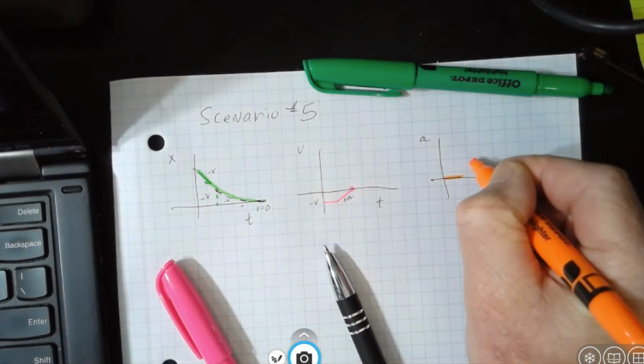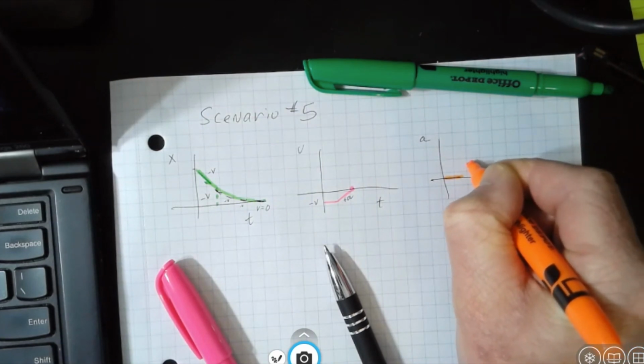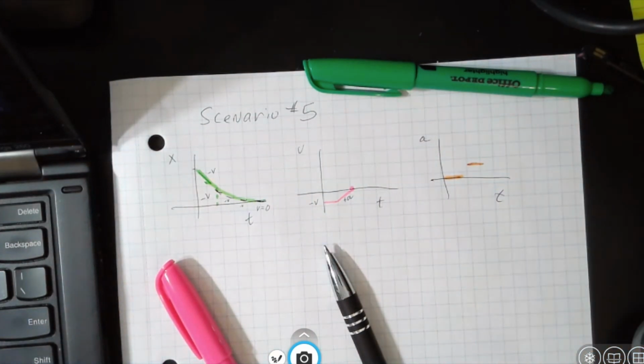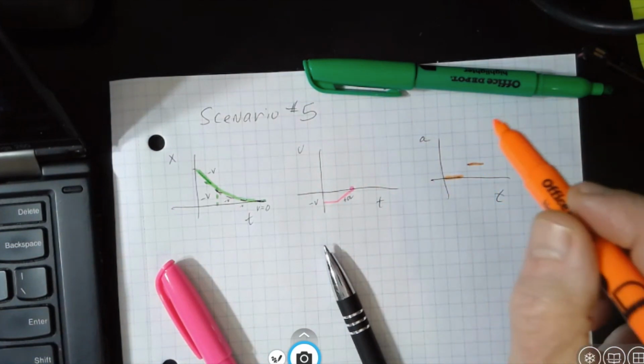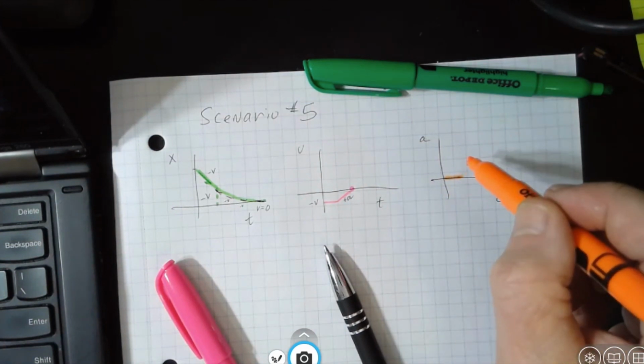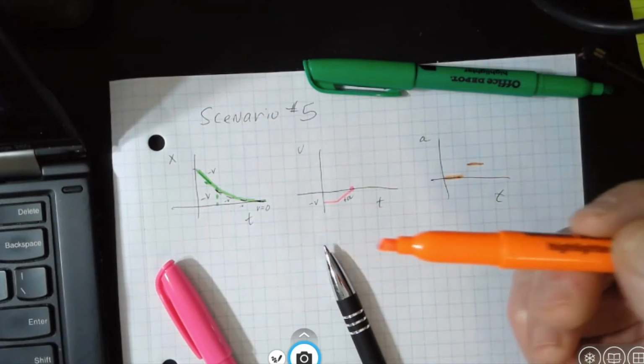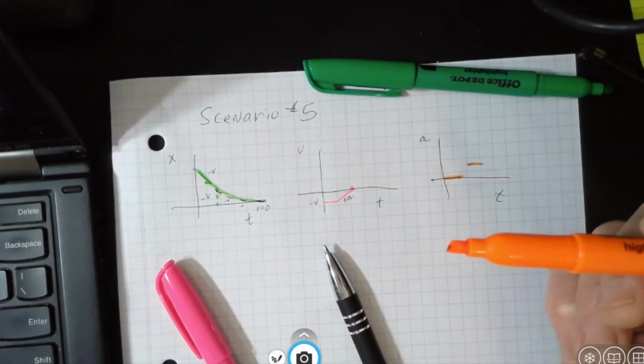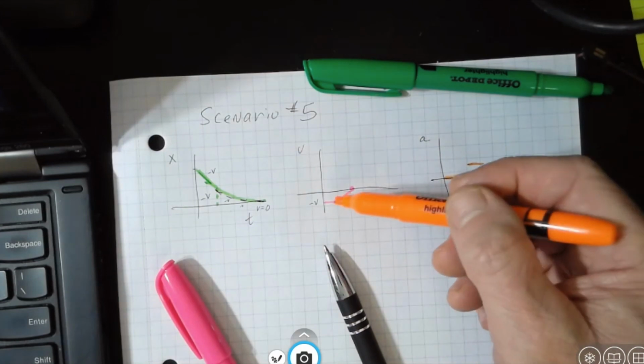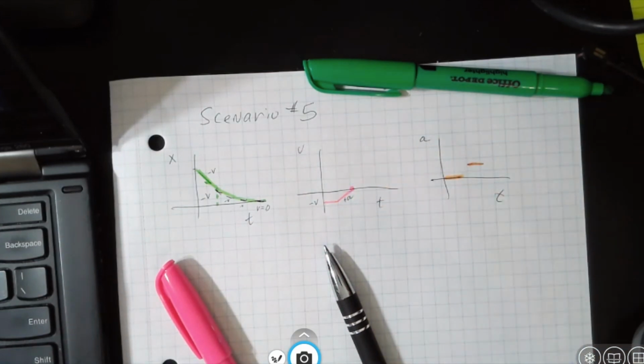And then we have a positive acceleration. So depending on the scenario, our acceleration may be positive. It could be an object getting faster. Well, in this case, the object's going back towards a reference point, and the object is actually getting slower, but it's a positive acceleration.